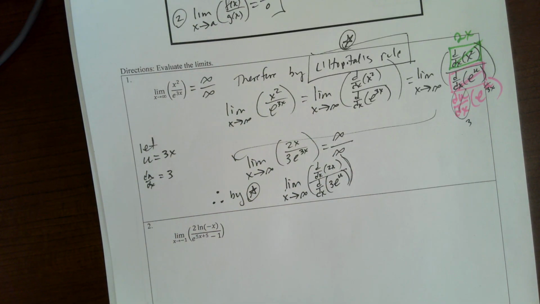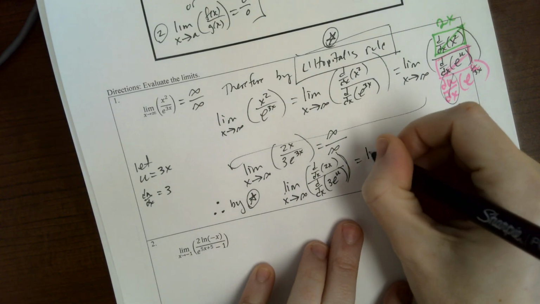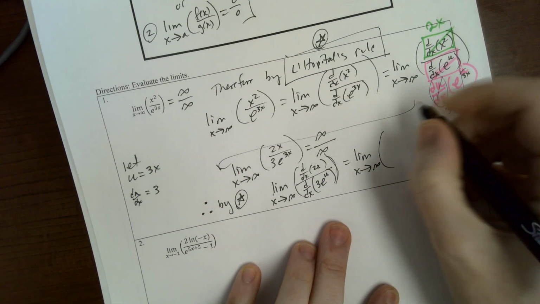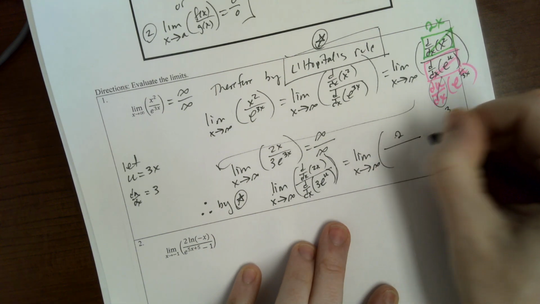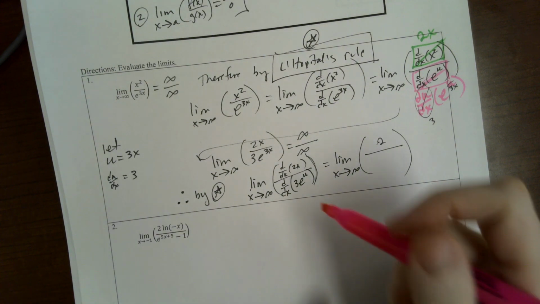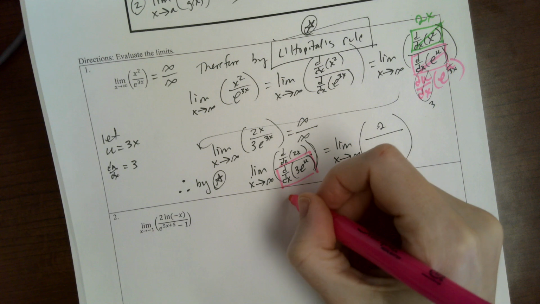Alrighty. Now, so this is going to be the limit, infinity. The derivative of the top is just 2. And now the derivative of the bottom. So the derivative of the bottom, it's a one step but with chain rule.